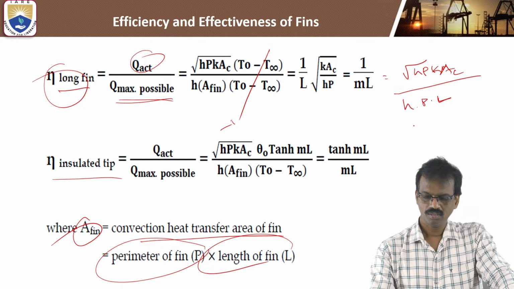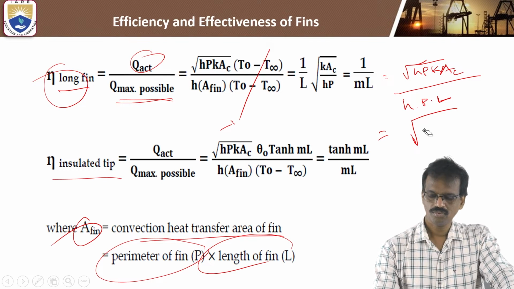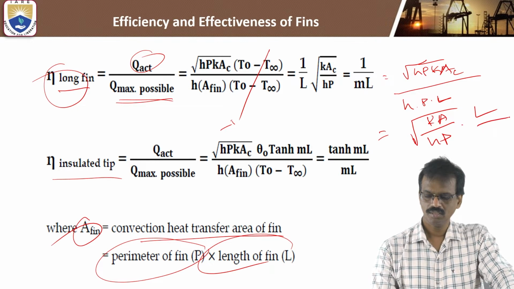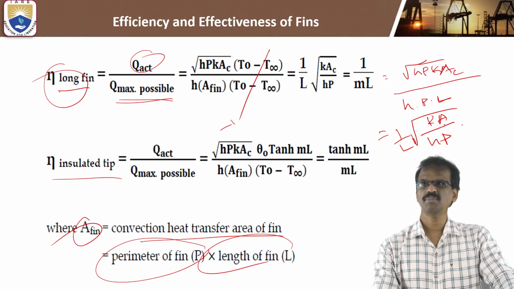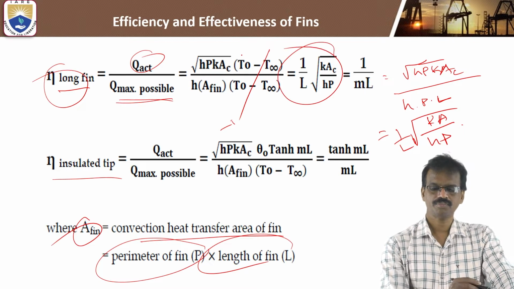Then that value will be under root of k A remaining term. So L is the remaining term, you can write 1 by L. So 1 by L into square root of k A by h P. So that is the value.